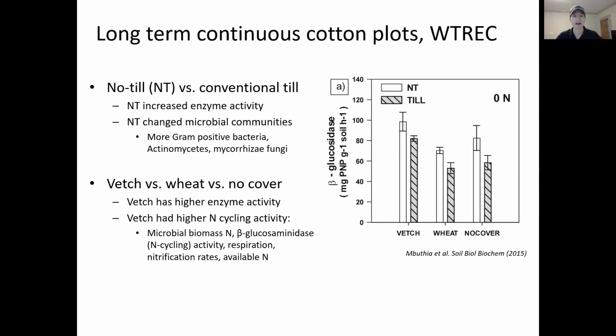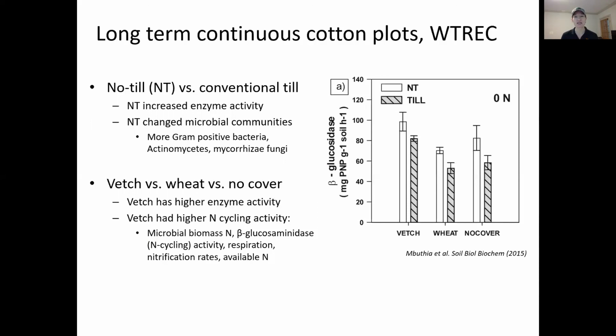When we compare the tilled and the no-till and the conventional till plots at this site, and we look at a variety of microbial measures, we see that no-till, which is shown in the white bars on the graph, actually has increased microbial enzyme activity. Here I'm showing one particular enzyme called beta-glucosidase, which is one that is important in decomposing organic matter.